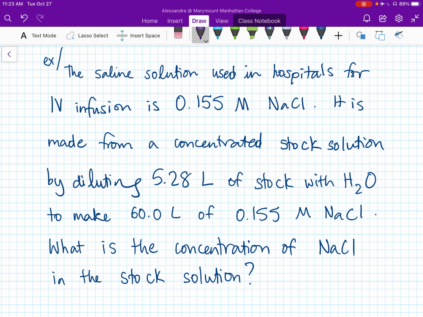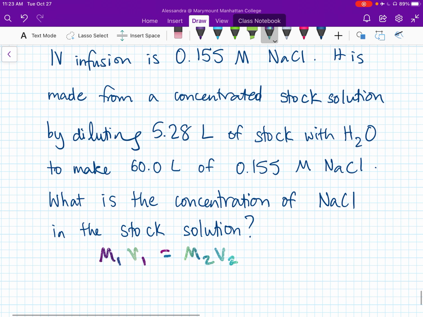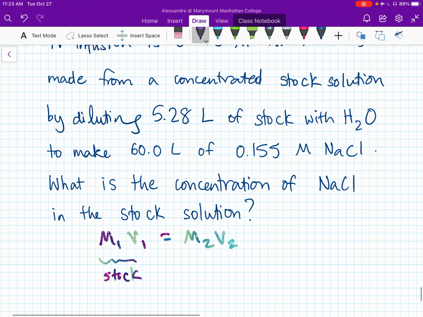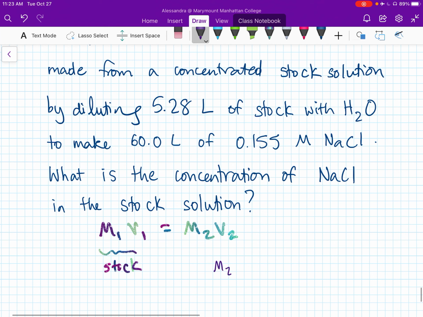So let's try to do this problem using M1V1 equals M2V2, our master equation. I'm going to assign, just arbitrarily, that this is the stock solution. And that means that M2 is going to be the molarity of the saline solution, the less concentrated solution.